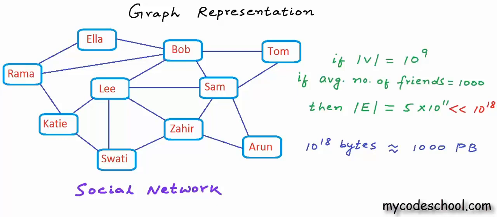Now this really is a lot of space. This much data would never ever fit on one physical disk. 5 into 10 to the power 11 bytes, on the other hand, is just 0.5 terabytes. A typical personal computer these days would have this much storage. So as you can see, for something like a large social graph, adjacency matrix representation is not very efficient.